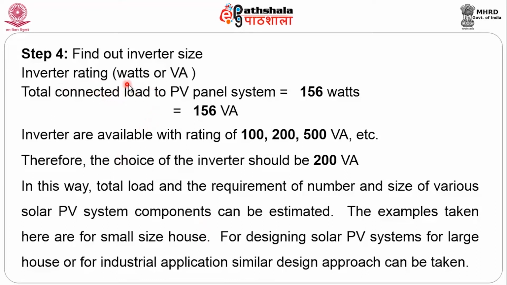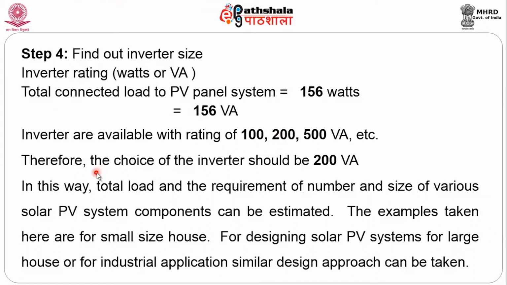Inverter rating is in watts or VA. Total connected load to the PV panel system, as we already have seen, is about 156 watts, that is 156 VA. Inverters are available with ratings of 100, 200, 500 VA, etc. Since it is 156, it is above 100 and below 200.